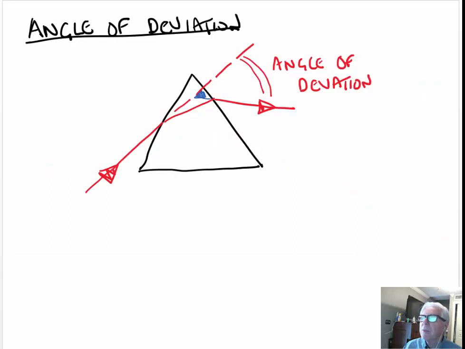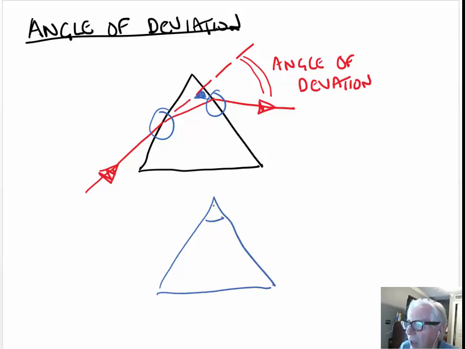So what can we do with this? One of the questions I have, and you can work this out using Snell's law for the first interface and Snell's law for the second interface and then doing geometry. I'm going to draw this again.